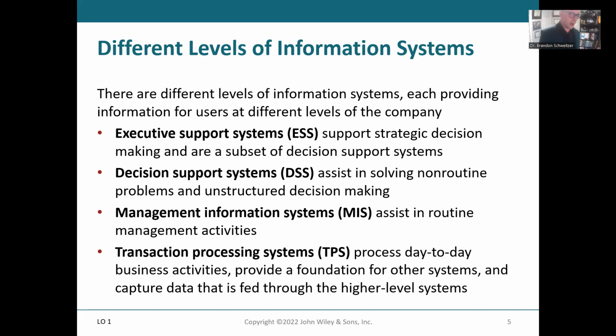We're using data to assist management in making routine management activity type of decisions. And then, of course, we see the transaction processing system that we talked about earlier from the perspective of processing day-to-day business activities to provide a foundation of other systems, and of course to capture data that's fed through the higher level systems.